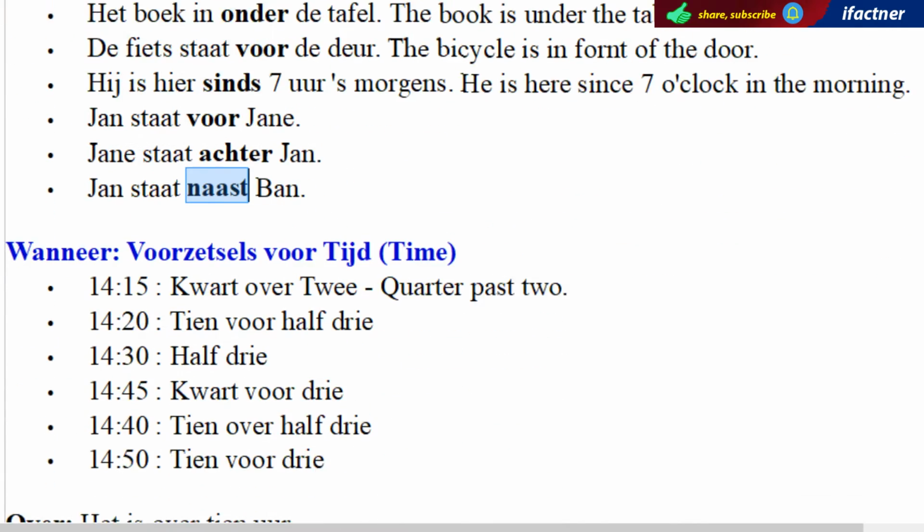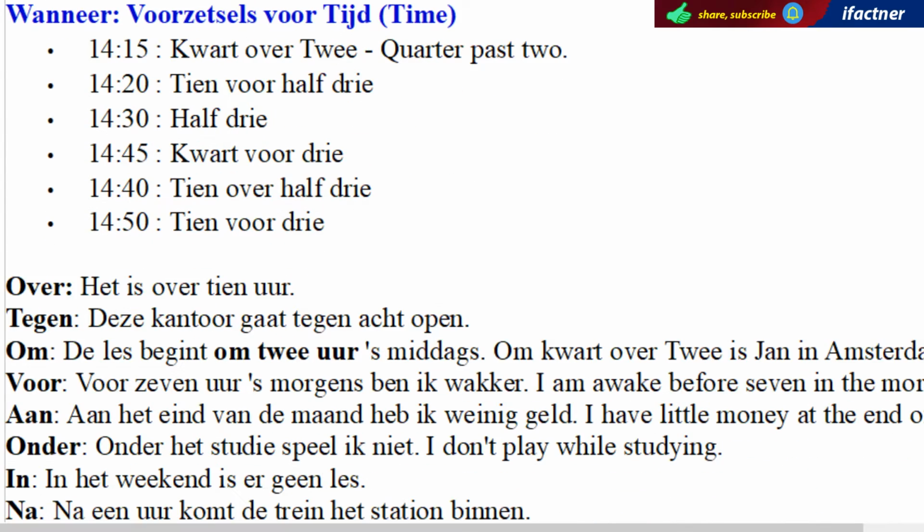Now we will focus our discussion on Voorzetsels for time, wanneer. We can use Voorzetsels especially for wanneer, and for waar, the places. In Dutch, usually we use different prepositions to talk about the time. For example, if it's 2:15, that is 2 hours and 15 minutes, then we say kwart over 2.